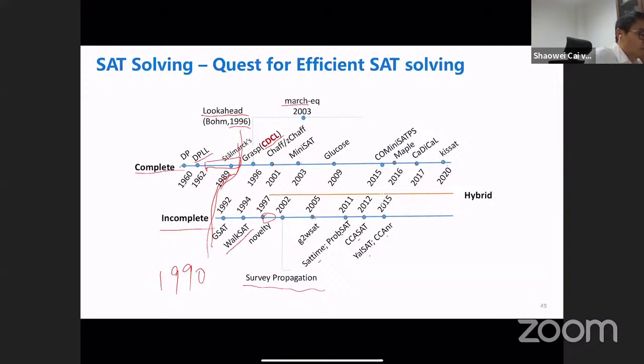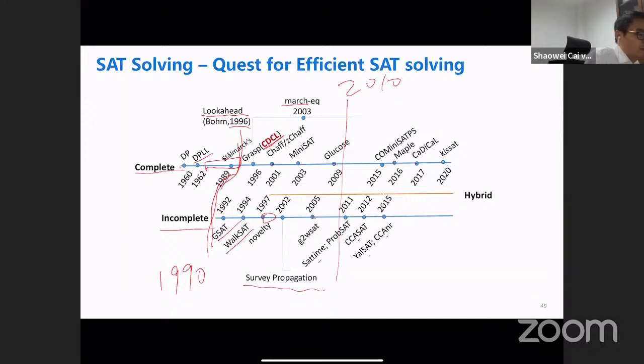We have CDCL, we have the first local search SAT solver, and then to about 2010, CDCL has gone to Glucose, which is quite modern and already has many successful techniques.